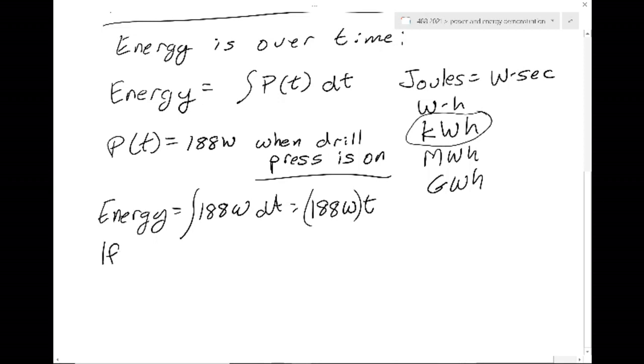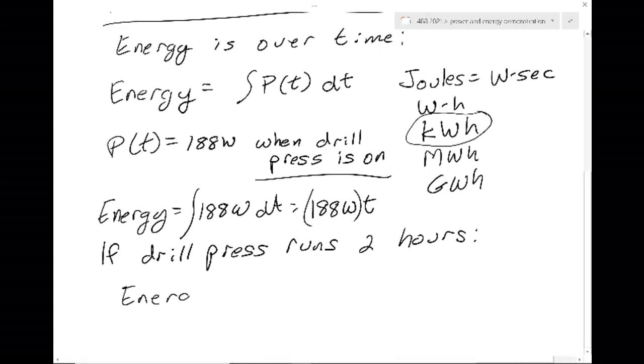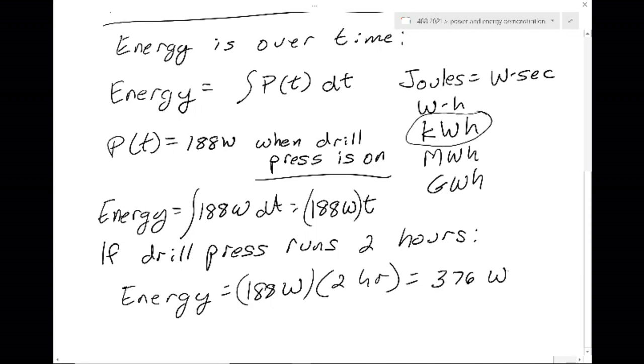So if we allow the drill press to run two hours unloaded, can't think of why we'd do that, but if we did it, the energy would be 188 watts times 2 hours, which is 376 watt hours, I believe, or 0.376 kilowatt hours. That's power and energy.